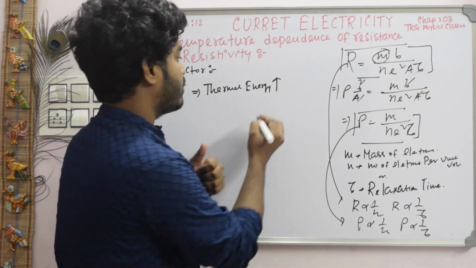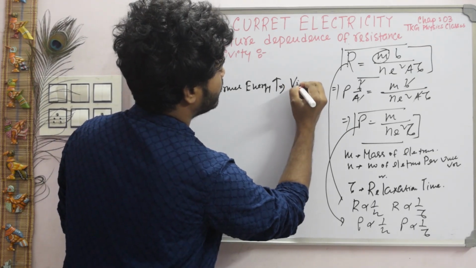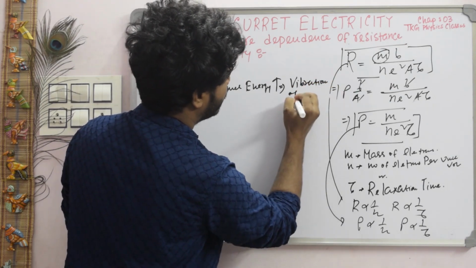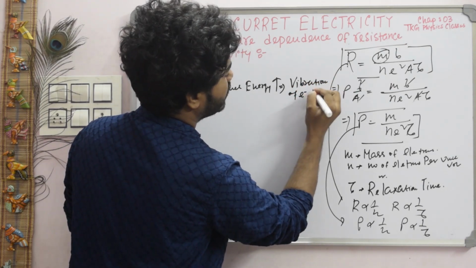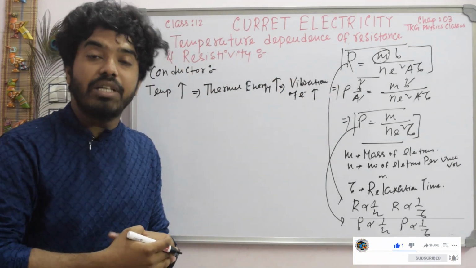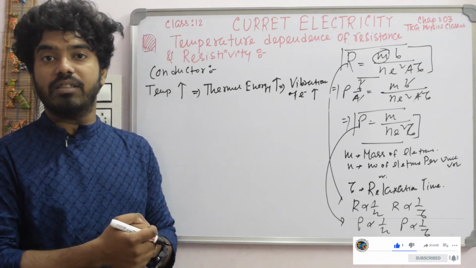So this implies the vibration of electrons increases. Now when vibration of electrons increases, their thermal speed increases.